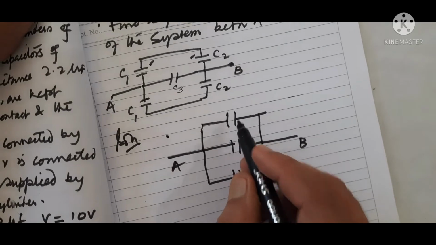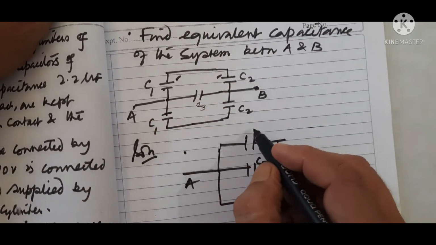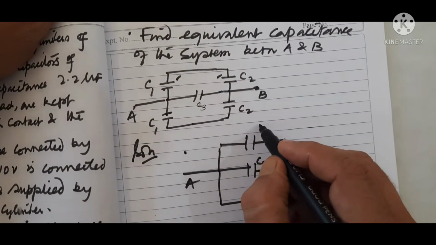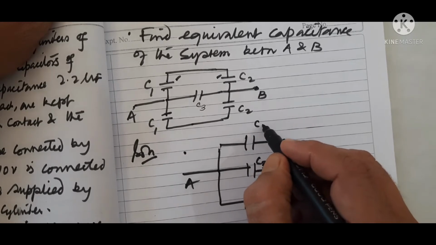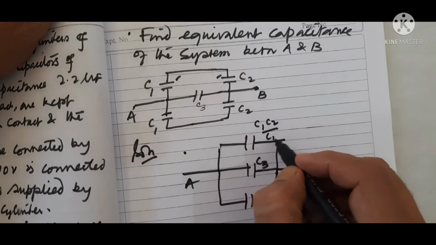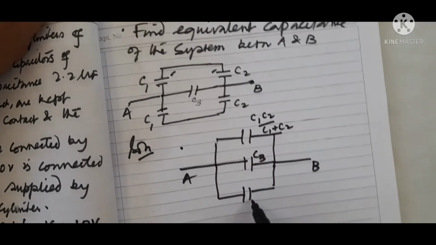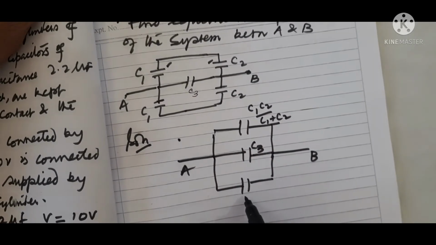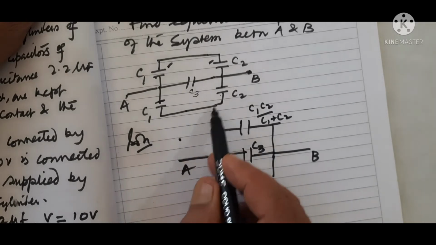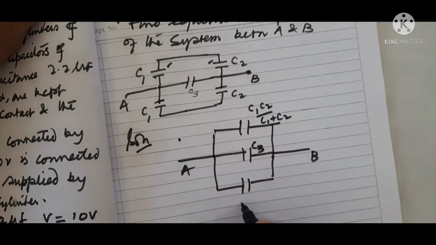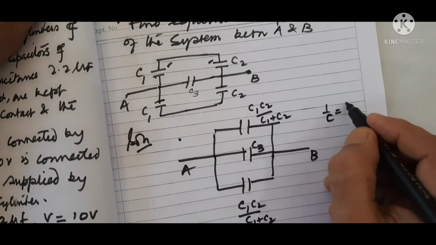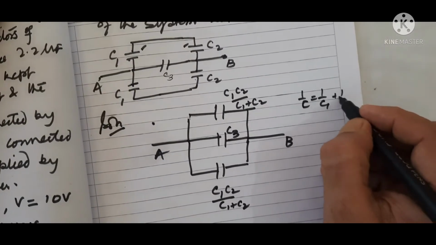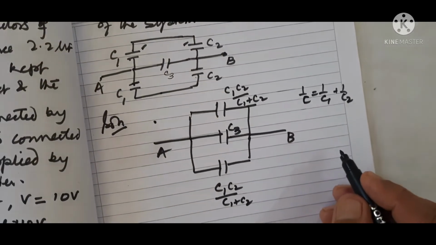Now this one is the resultant of C1, C2, which are in series, and its value will be C1 C2 by C1 plus C2. Similarly, this one is also the resultant of C1, C2, so this also is C1 C2 by C1 plus C2. How does it come? 1 by C is equal to 1 by C1 plus 1 by C2. Take the LCM like that.